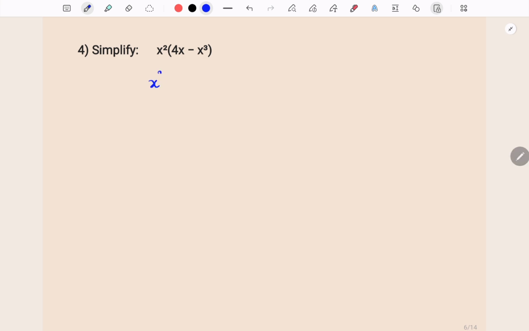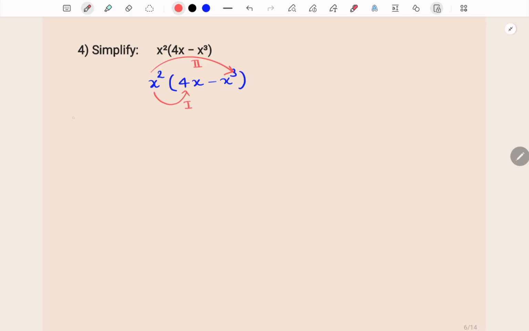We have x squared multiplied by 4x minus x cubed. So here this x squared will be multiplied by 4x, and this x squared will also be multiplied by x cube. So we have two different multiplications to perform.